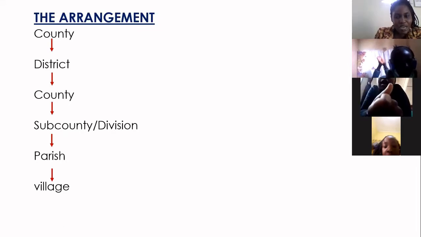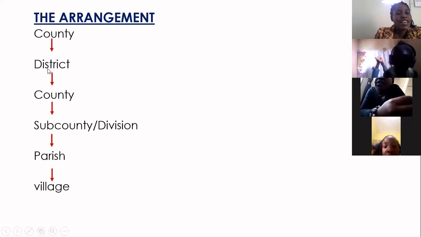Then if we join counties, we are going to form districts. So the one on top is the country.